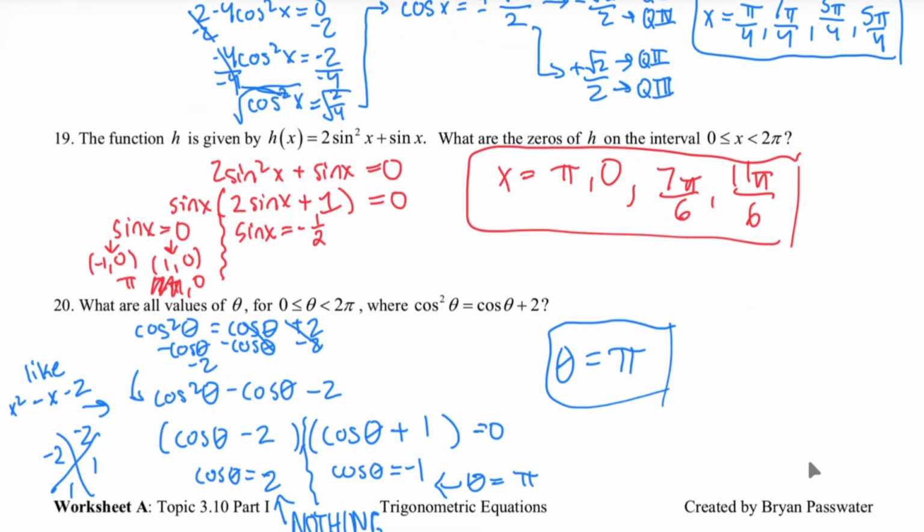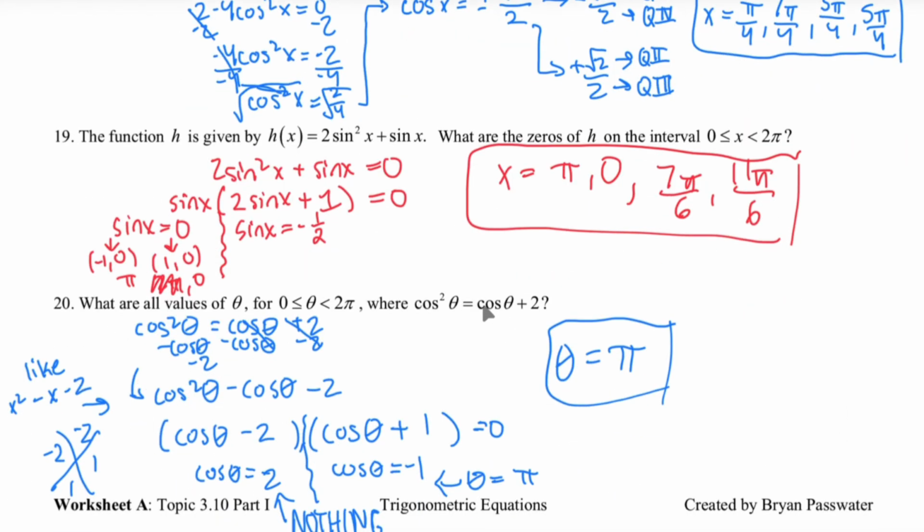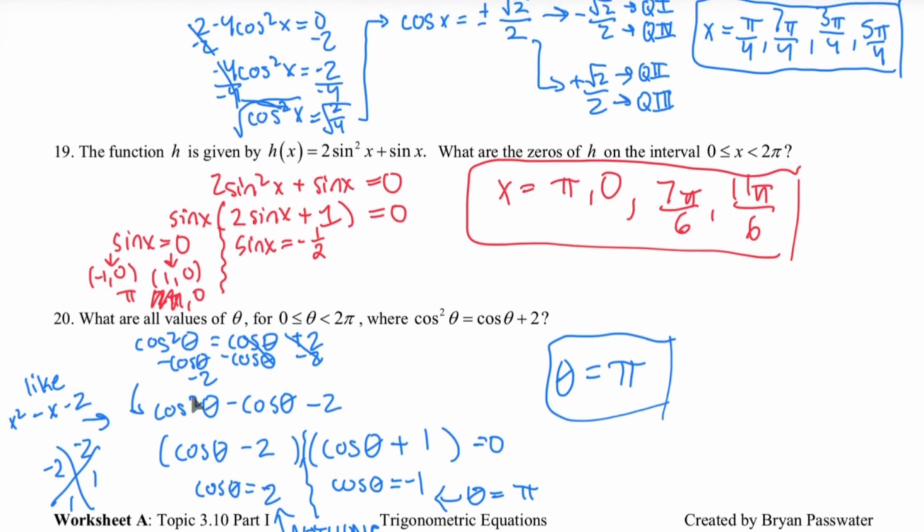Alright, and now this one right here, if you look, we moved everything to one side and set it equal to 0. Then I got it to look like this right here. That reminded me of a quadratic. Oh, when we used to do quadratics. They were so much simpler, weren't they? But yeah, because it's a quadratic, we were able to split it like this, and then find what multiplies to -2 and adds to -1.